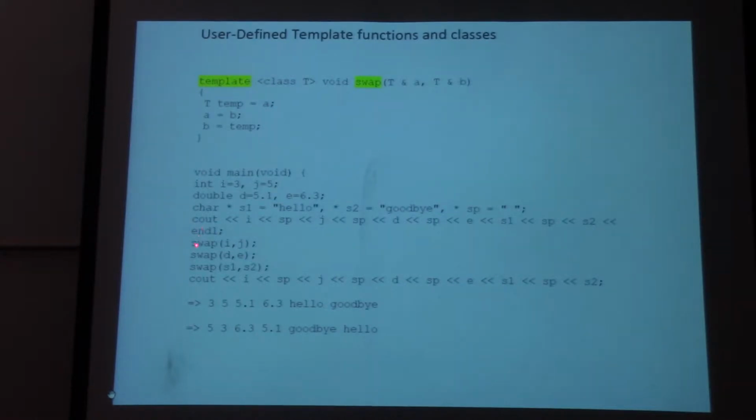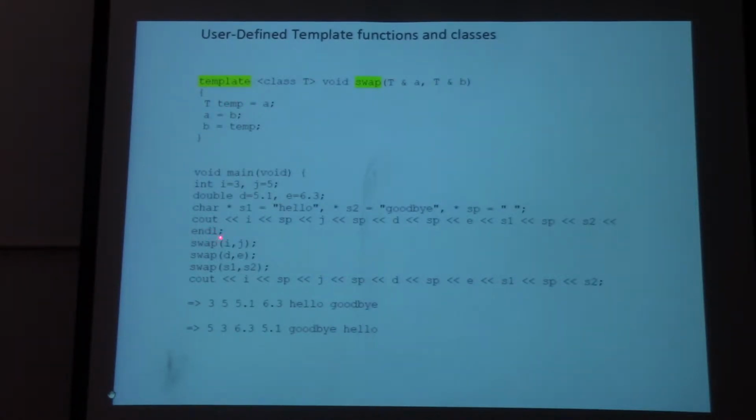When you see a call to swap, it says, hey, I know that function. Now let me see what these parameters are, because T and T, well, in this case, notice that I and J are both ints. So the template generator creates a function, void swap(int& a, int& b) { int temp = a; a = b; b = temp; }, done.